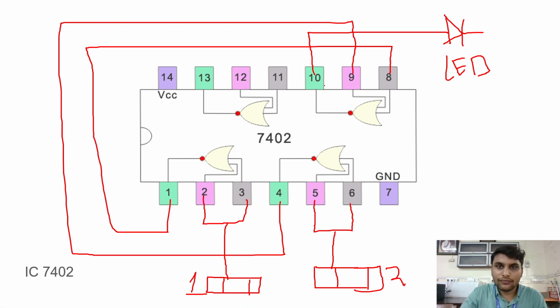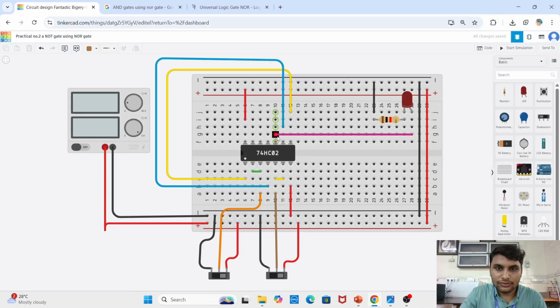Then for the output, I have connected the LED from pin number 10, right? So that is your pin number 10, that goes to the anode terminal. Now we verify the truth table of AND gate using NOT.